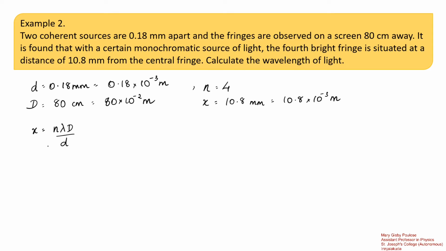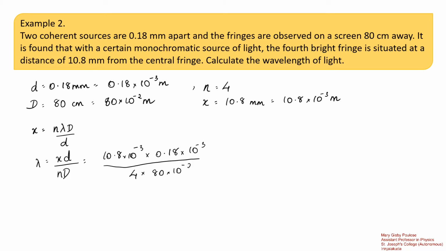Thus, rearranging this expression, I will write lambda is equal to x small d divided by n capital D. That is, here x is written as 10.8 into 10 raised to minus 3, small d is written as 0.18 into 10 raised to minus 3, divided by n, which is 4, capital D is 80 into 10 raised to minus 2.